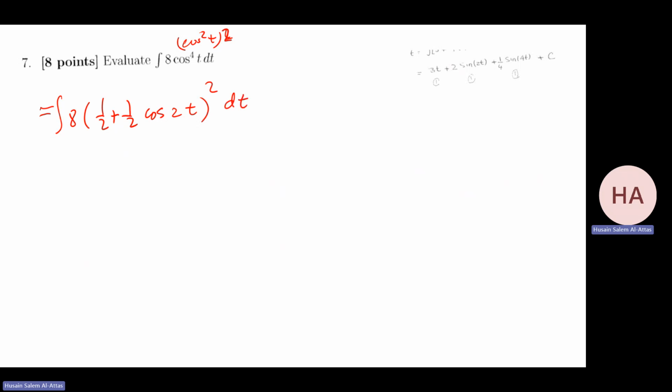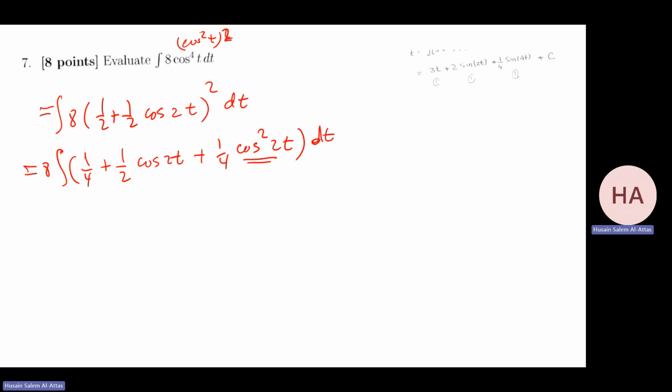Now I need to do the calculation. That will be 8, take 8 outside. That will be 1 over 4, half, 1 over 4 times 2, that will be half cosine 2t, which is easy to do. Then I have plus 1 over 4 cosine square 2t, dt.